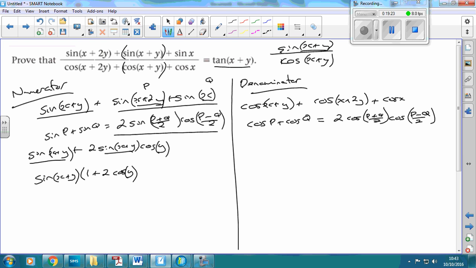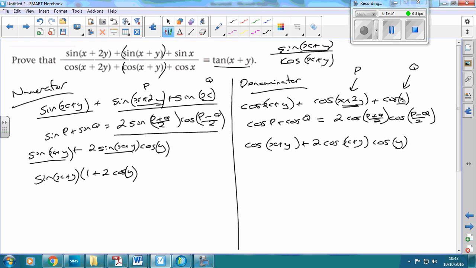So here we're going to let this thing be p and this thing be q. We've got cos of x plus y plus 2 cos of x plus 2y plus x divided by 2. Again, it's going to be x plus y. And if we do cos of this thing minus this thing divided by 2, it's just going to be cos y.